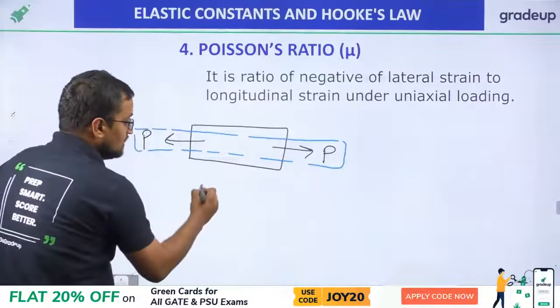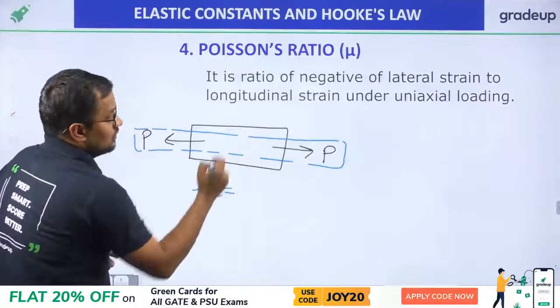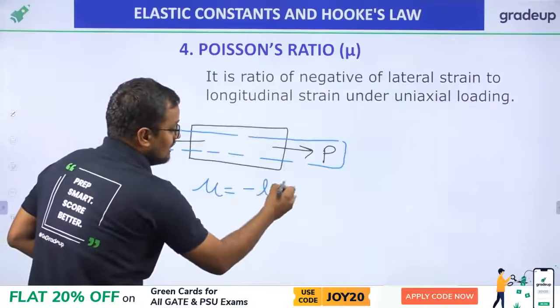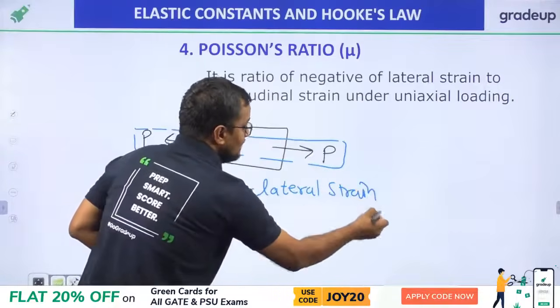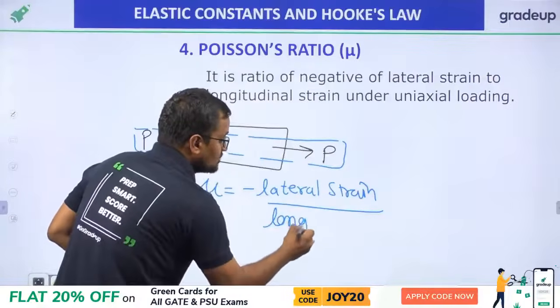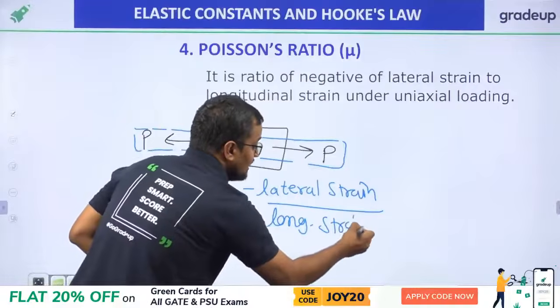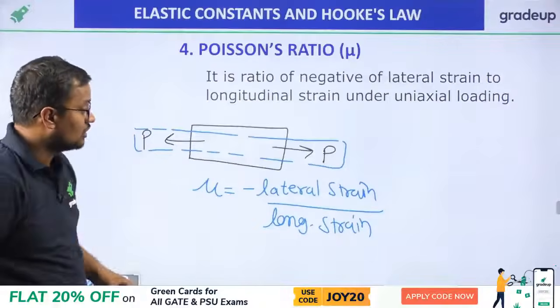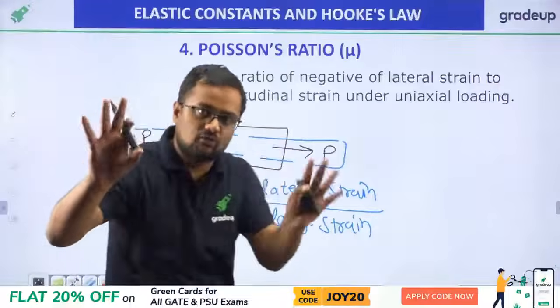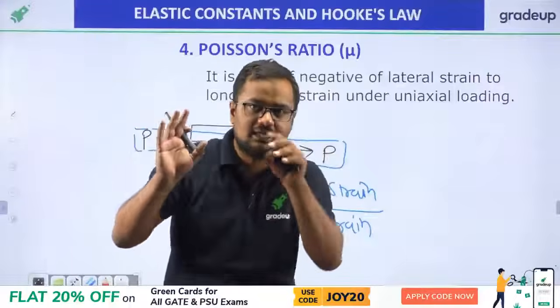So Poisson ratio is negative of lateral strain divided by longitudinal strain. My friends, please see here carefully. I am telling you everything, why it is negative. First see here.